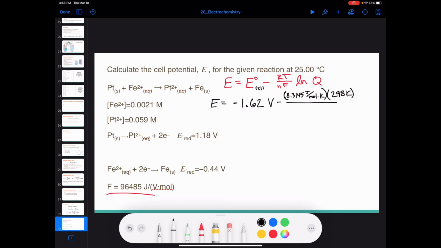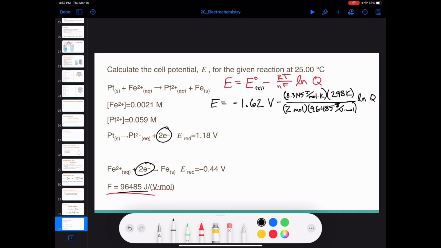We've got n. How many moles of electrons? Well, it looks like 2 moles of electrons are moving back and forth. So 2 moles down here times our Faraday constant, 96485 joules per volt mole, times the ln of Q, right?